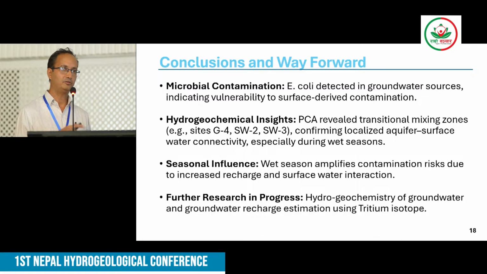These two aspects we have already conducted, and the results are in the pipeline. So this study can be complemented by our next work, with more on the hydrogeochemistry and the recharge estimation of the Pokhara Valley. So this is the way forward.